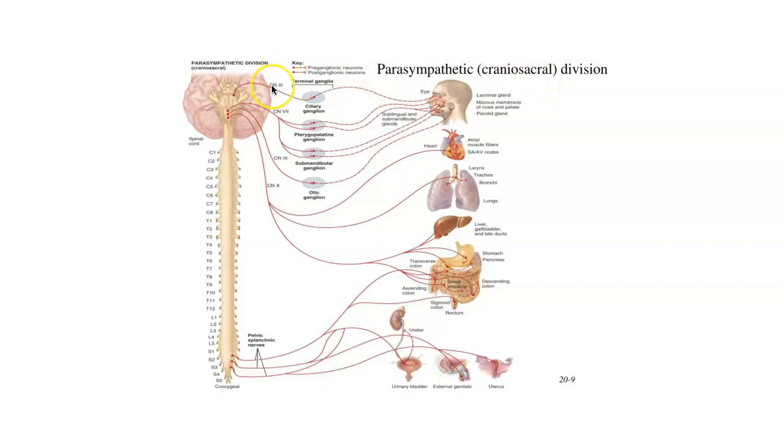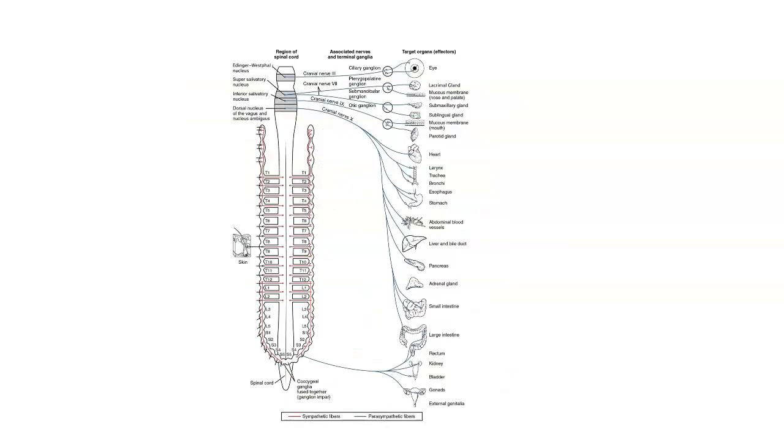I know the cranial nerves, 3, 7, 9, and 10. I know those are the cranial nerves. You have to know that. The cranial nerves that carry parasympathetic fibers. You know the terminal ganglia of cranial nerve 3, 7, and 9. Everything else, these are all intramural ganglion.